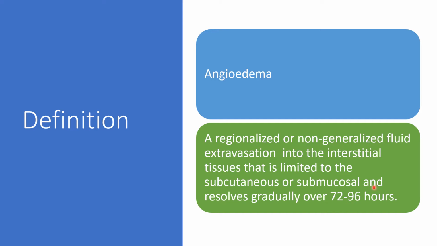Remember, edema generally from heart failure, from renal failure, from hypoproteinemia, will not be limited to just one part of the body, but lymphatic obstruction may be. We'll go into differential diagnosis also.